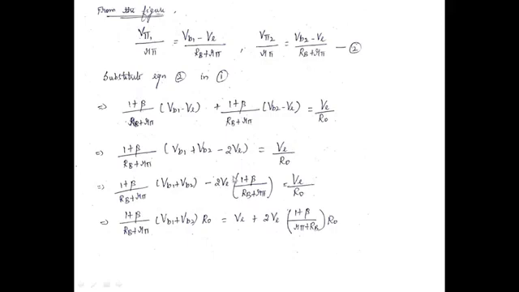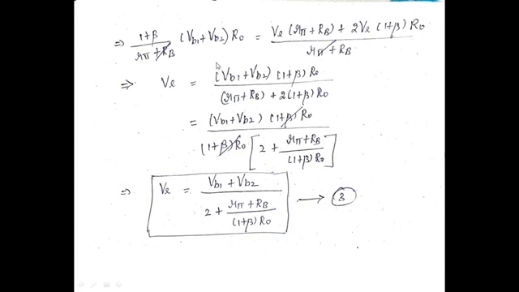So I'm taking all the VE terms to the other side. From this, I'm cancelling this R pi plus RB and R pi plus RB. By solving this equation, I got VE is equal to VB1 plus VB2 into 1 plus beta R naught divided by this term, which is given by R pi plus RB plus 2 into 1 plus beta into R naught.